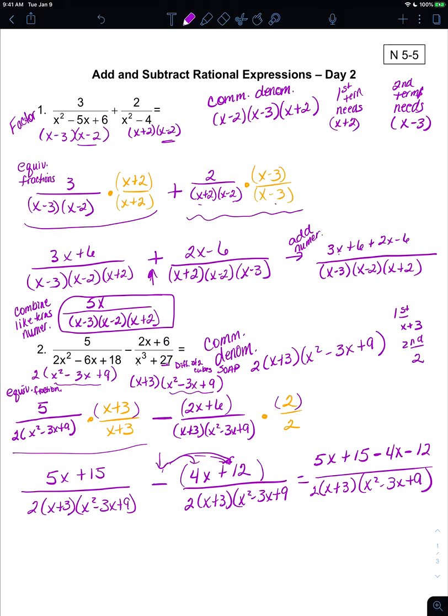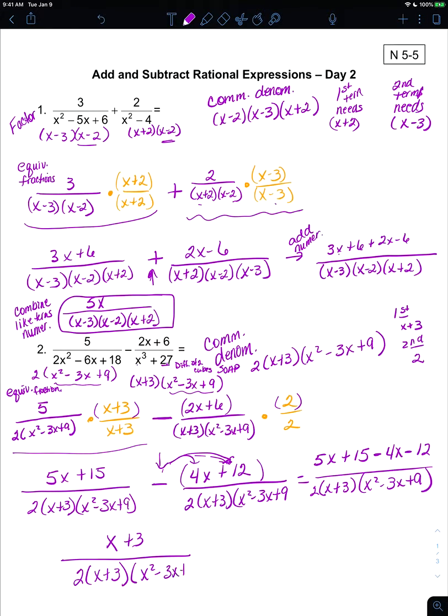Okay, let's add our like terms. So 5x and the negative 4x leaves us with x, and 15 minus 12 leaves us with positive 3, and that's all over that common denominator.